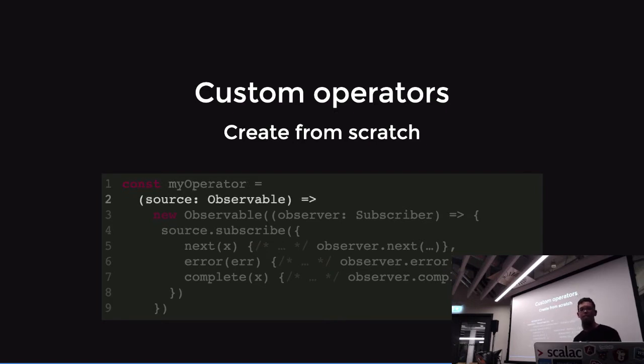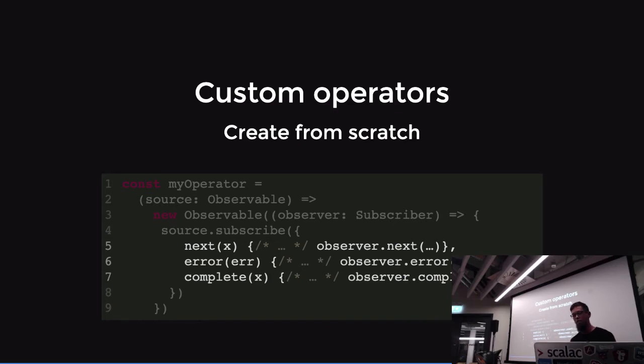It's again a function that takes a source observable as an argument and creates a new observable, in this case by using a raw observable constructor. Whenever we subscribe to our result observable, we will call this function, and we can subscribe to our source and do something in our next, error and complete callbacks to modify our source observable and put different data into our observer.